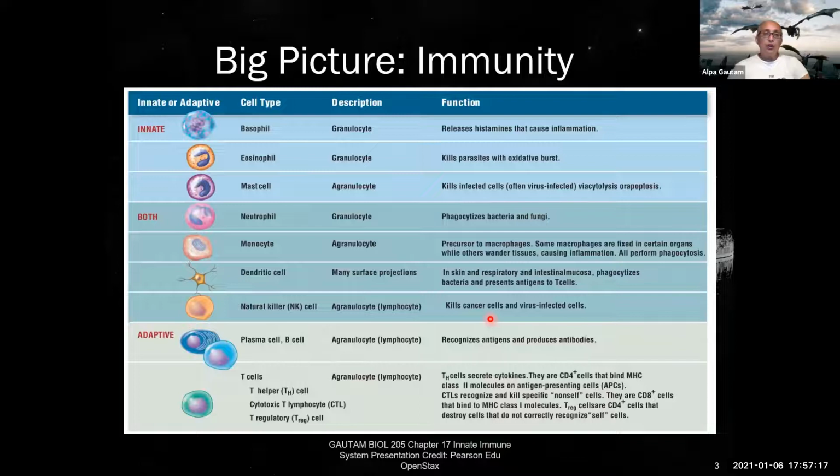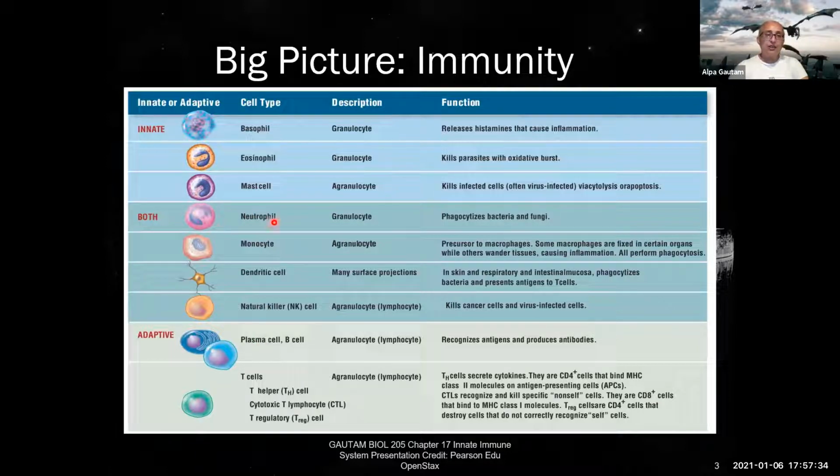So these are the cells that are part of these two immune systems. Part of the innate immune system are cells called basophils, eosinophils, and mast cells, and then you have cells that are kind of in between.